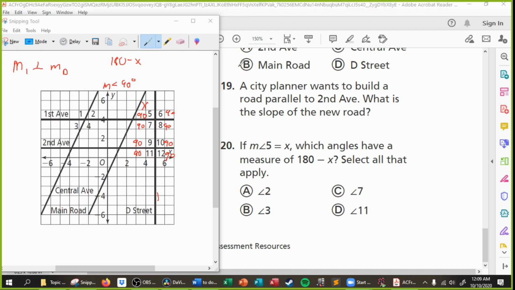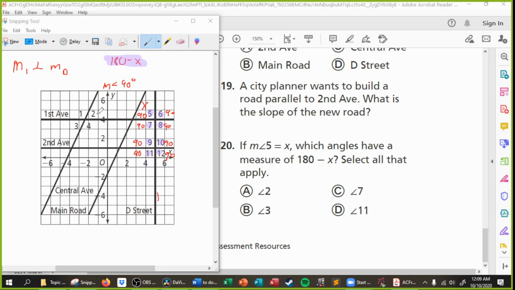So the joke here, I guess, right? What does Savas want you to see? What do they want you to get a chuckle out of while you're taking this exam? Is that if I color code them for what's equal, all of these are equal, and all of these satisfy this. So basically, if it exists on either of these two lines, it is a correct answer for question 20.